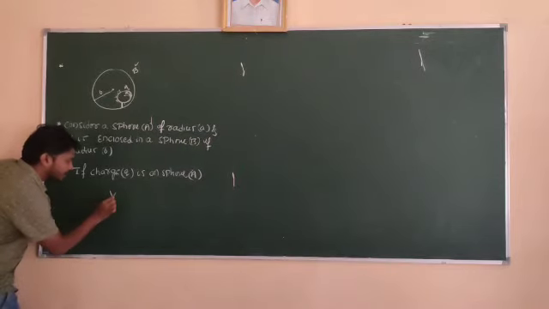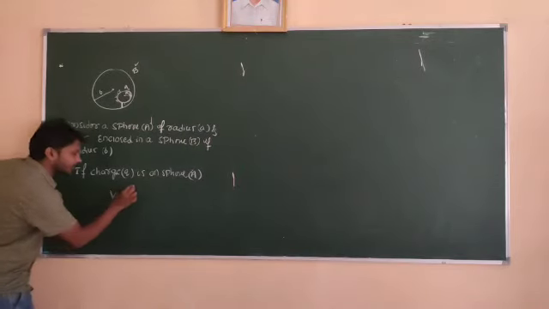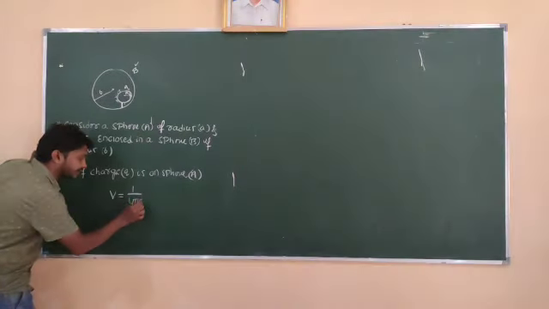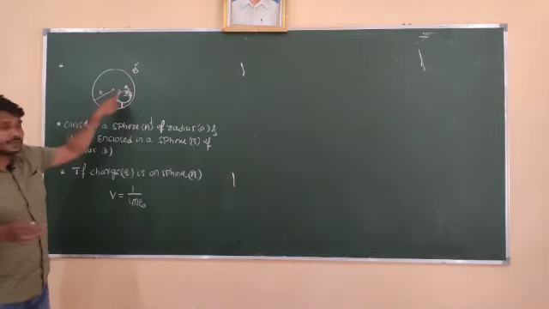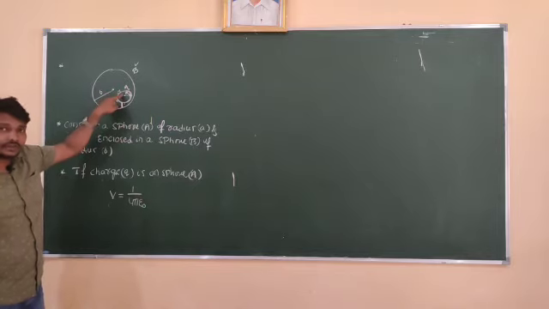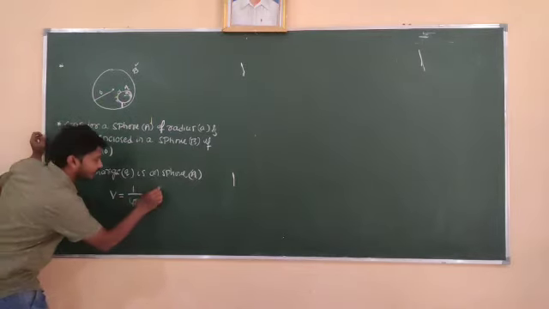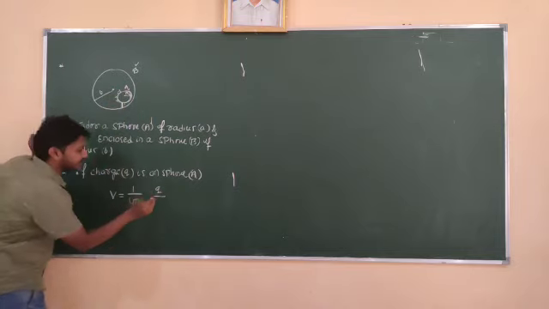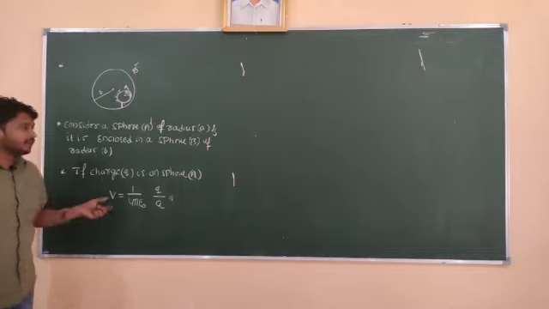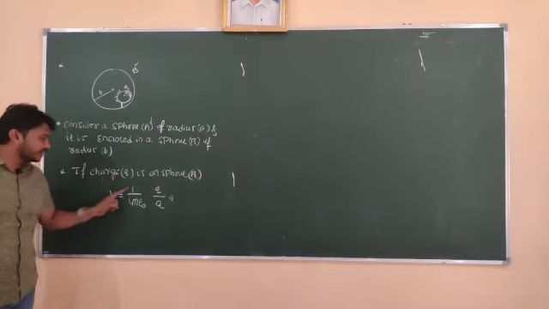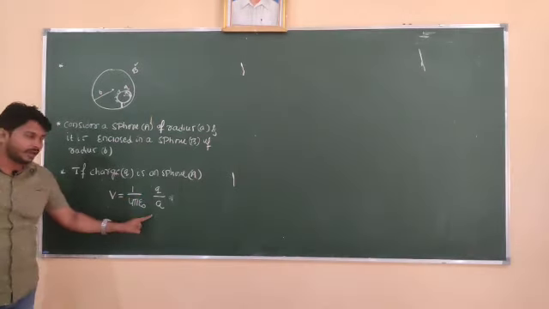For the electrostatic potential of a hollow sphere, when the point of observation is on the surface of the sphere, what is the formula? Q by, what is the radius I consider here? Q by a. So the potential of sphere A is V is equal to 1 by 4 pi epsilon naught Q by a.